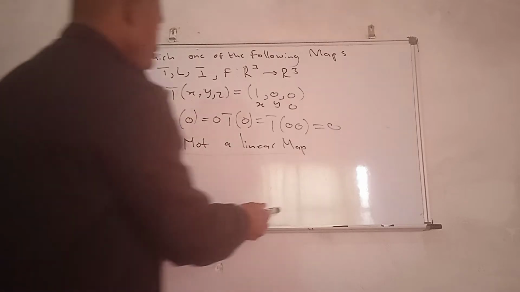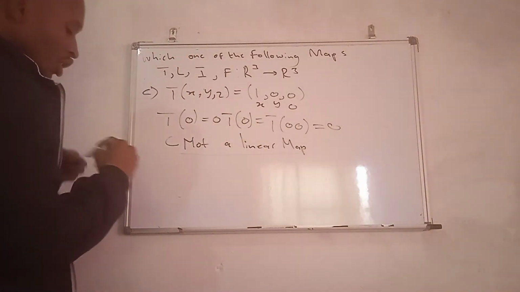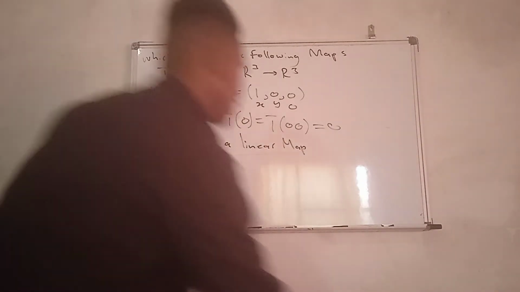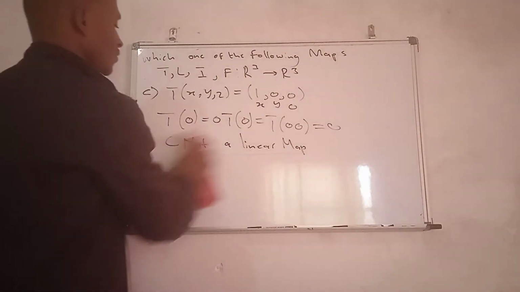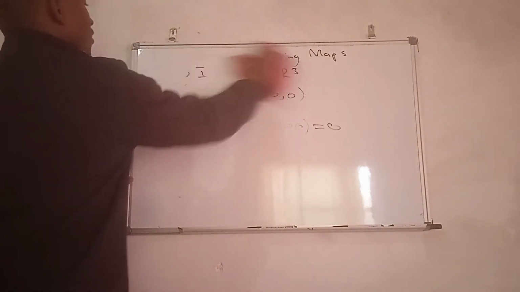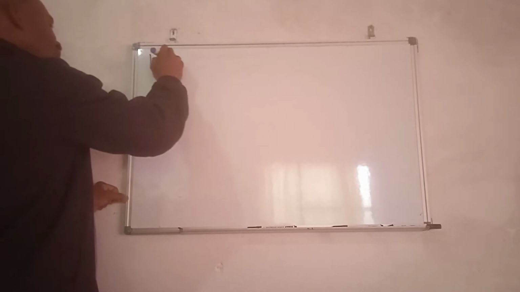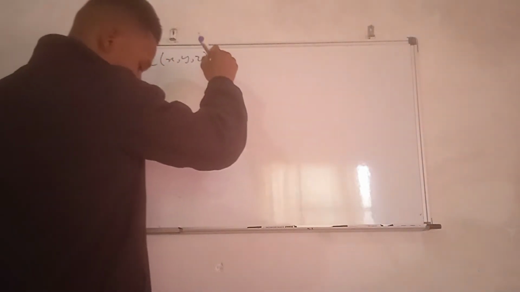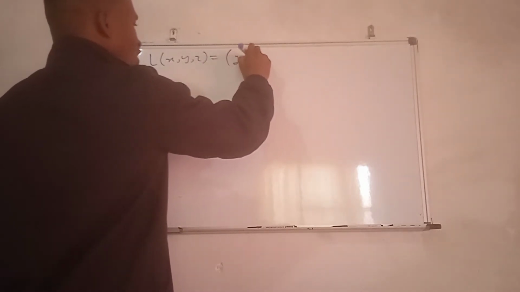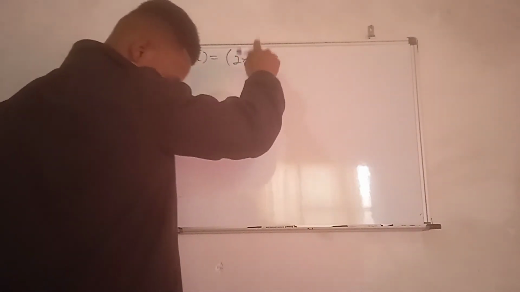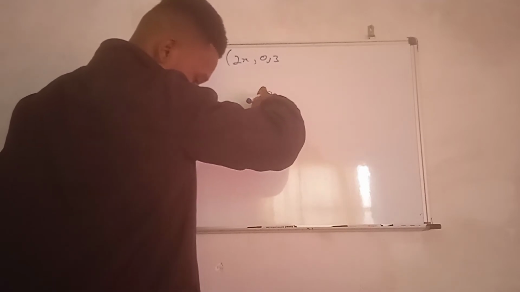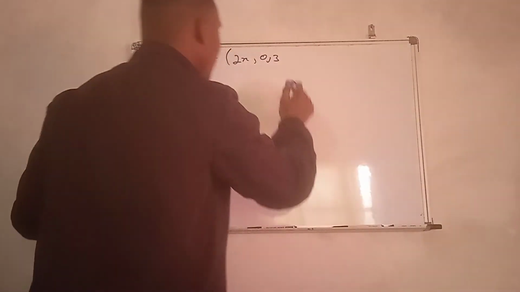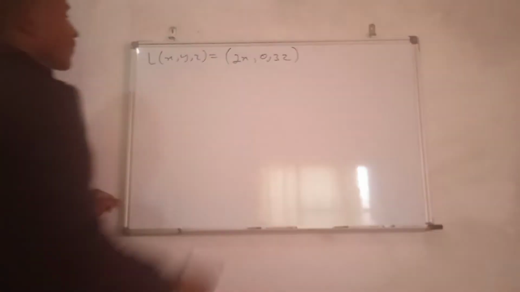Let's check the last condition. The last condition says that L of (x, y, z) equals (2x, 3, z), something like this.